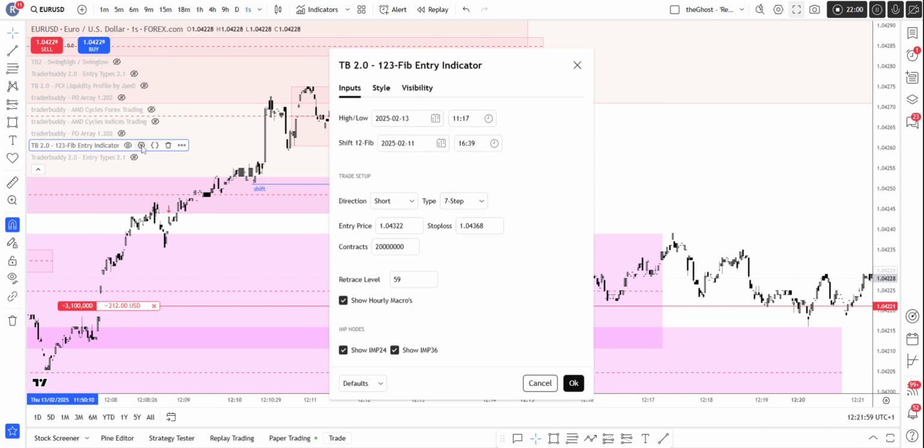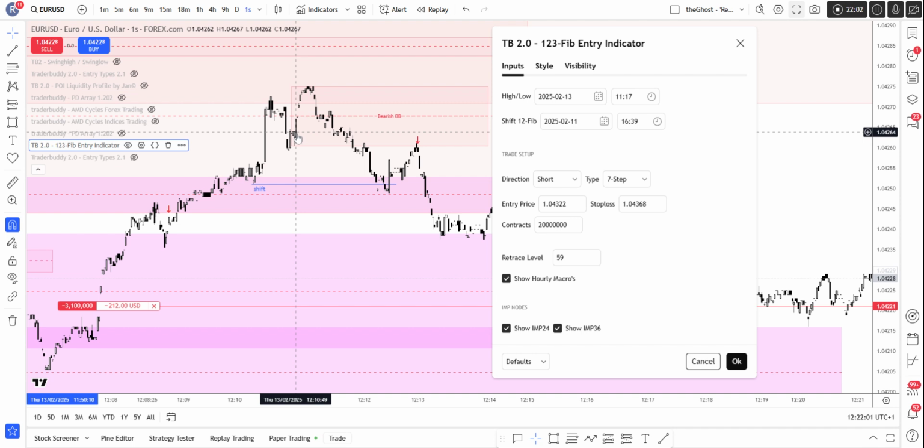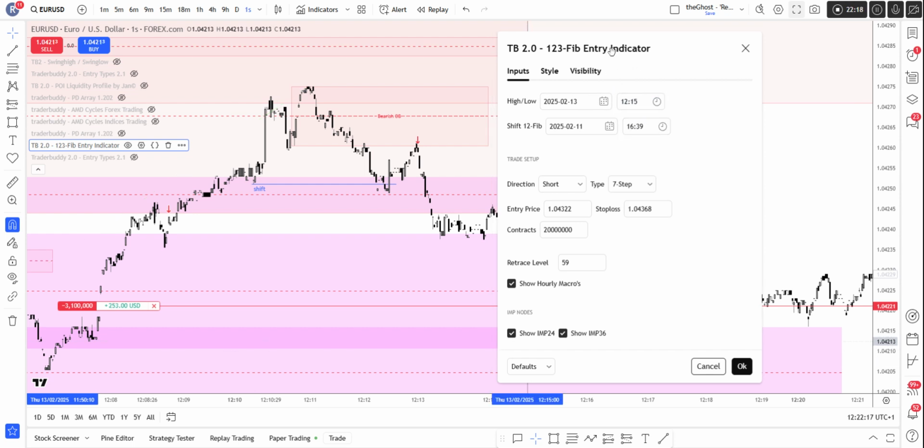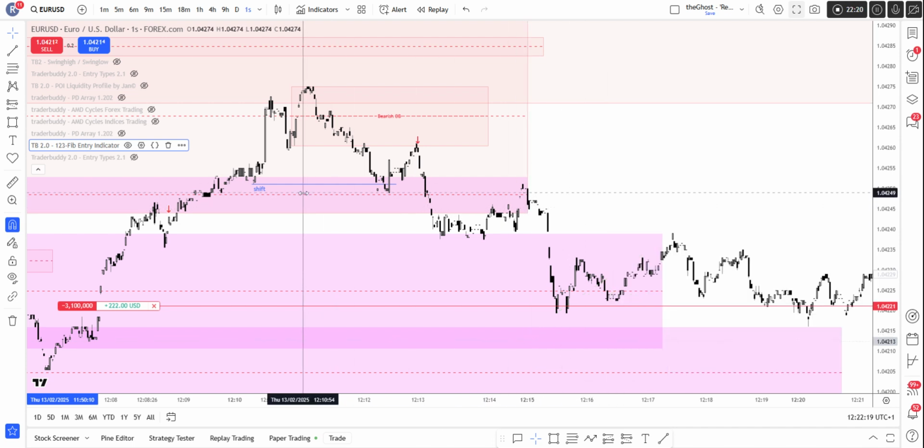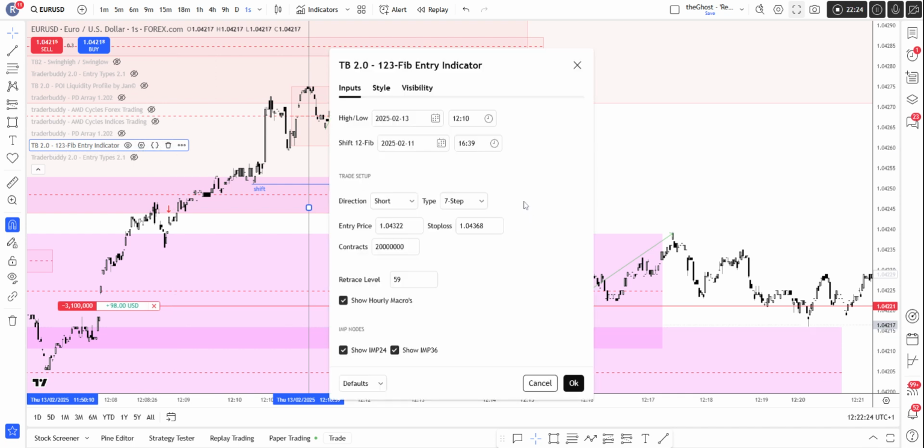Let's see what our indicator makes of this. If we say that this is the high, 12, 11, 12, where are we? 12:15. So we put this one on the high, and then we say, oh, indicator, yeah, it does work on the seconds.